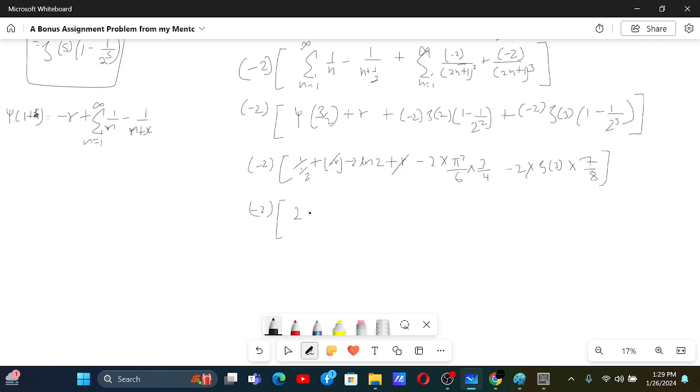So 2 minus 2 ln 2, and then this will just be pi square by 4 minus pi square by 4, and then this will just be minus Riemann zeta of 3 times 7 by 4.